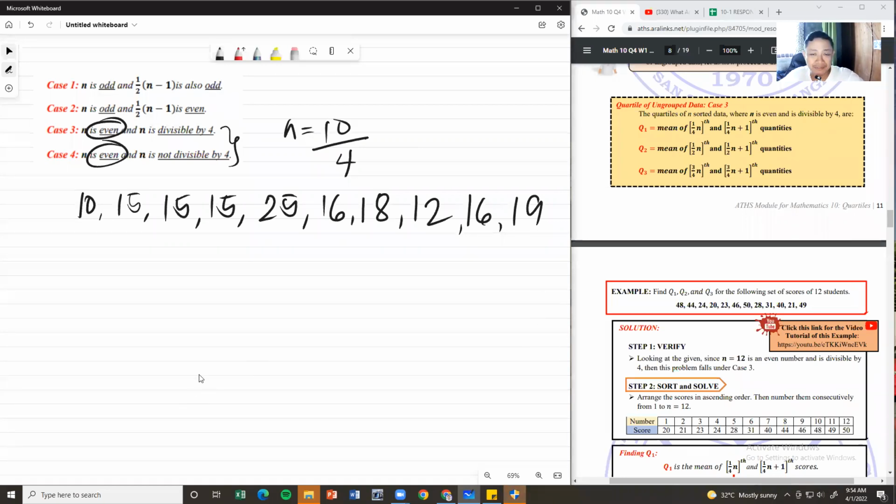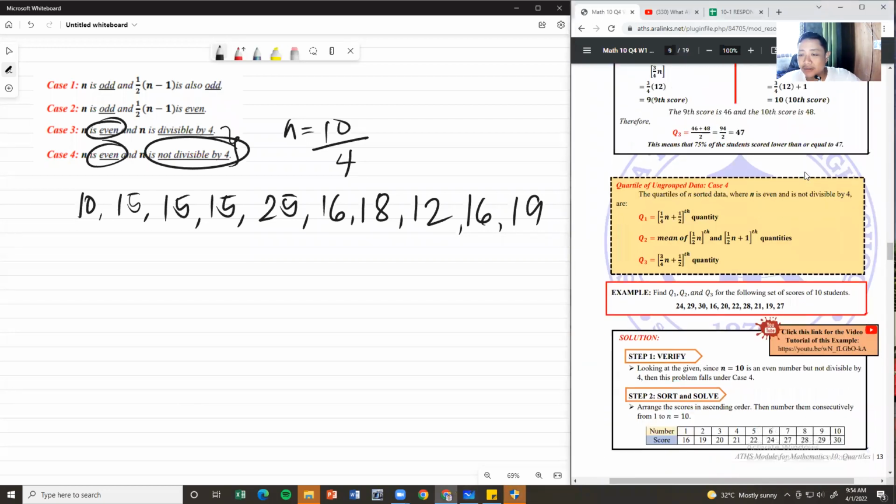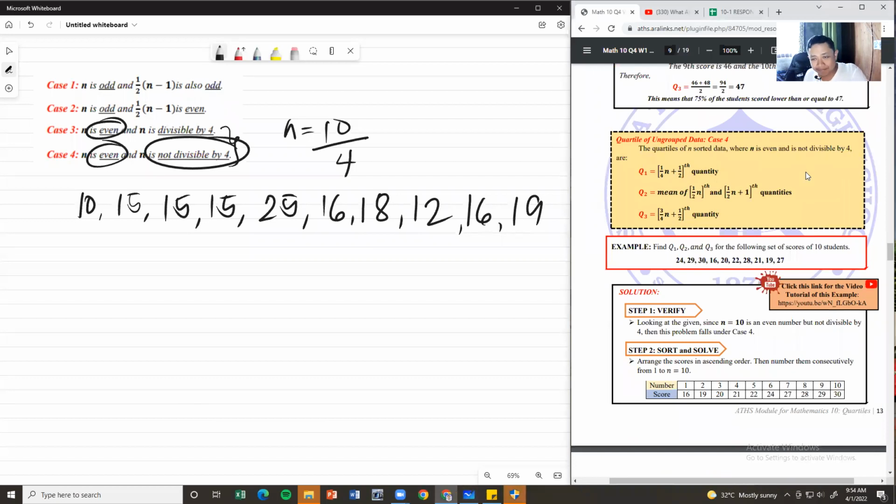So, no, of course not. So, therefore, all we have to do now is to consider our case number 4 process. So, in case number 4, there it is. If you want to do this, do this. But for me, I will not do this, because I prefer the simpler way.